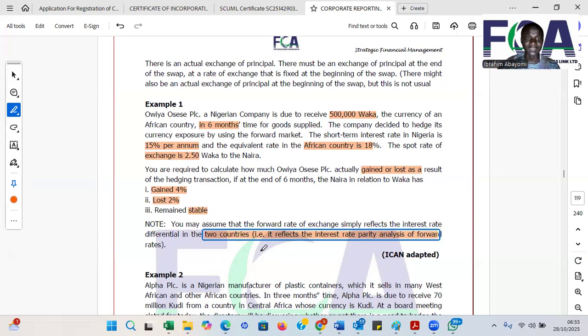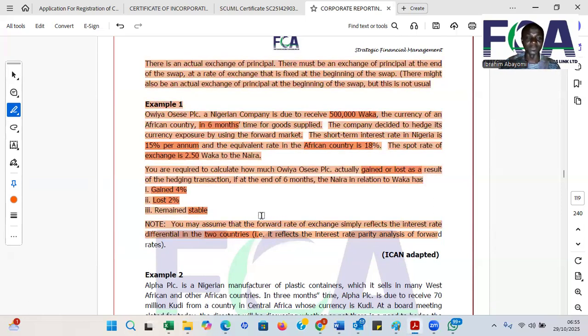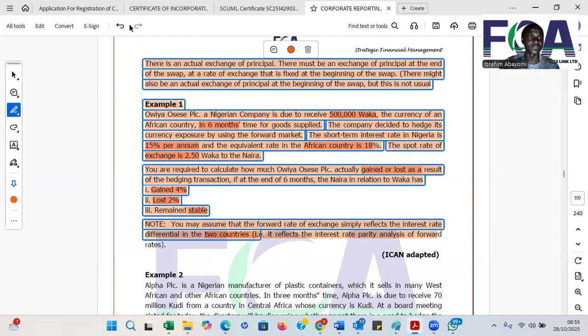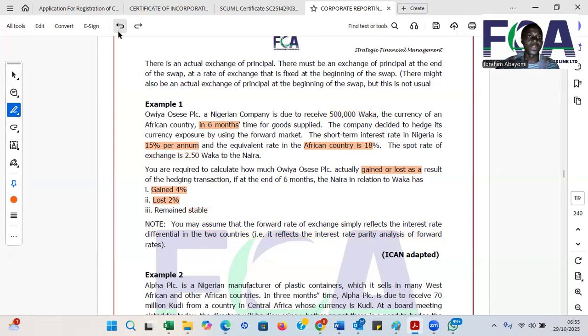That is the reason why we talk about interest rate parity theory. Interest rate parity theory describes the relationship between the forward rate and the interest rate differential between the two countries.